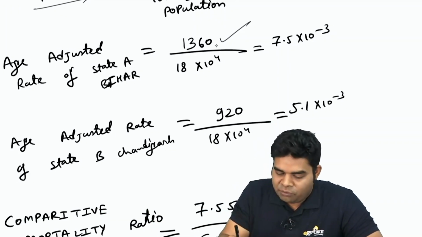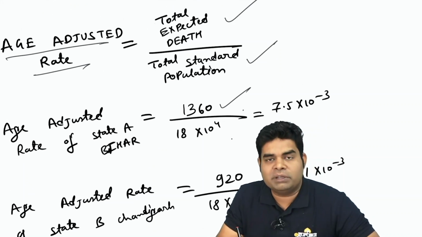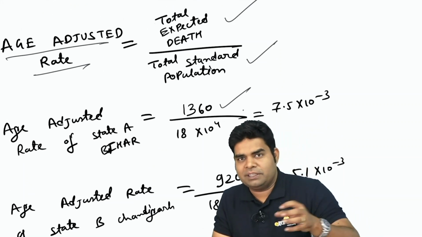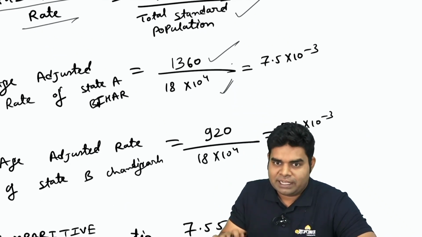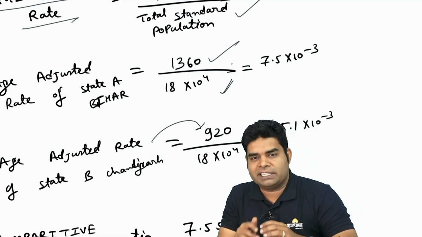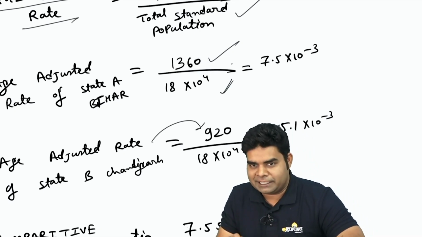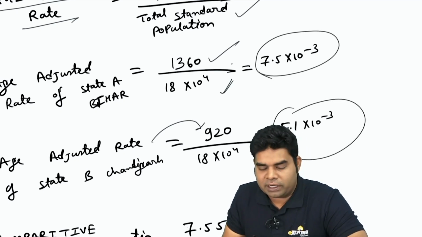So we will divide the total expected death of Bihar by the standard population which we have taken here. Similarly, you will take the age adjusted rate of Chandigarh and divide it by the same standard population of 1.8 lakh. And we will get these numbers, 7.5 and 5.1.